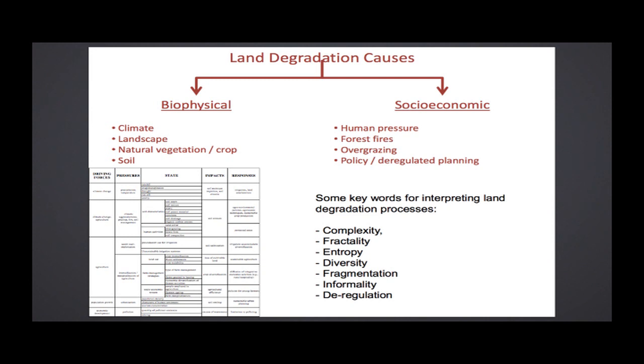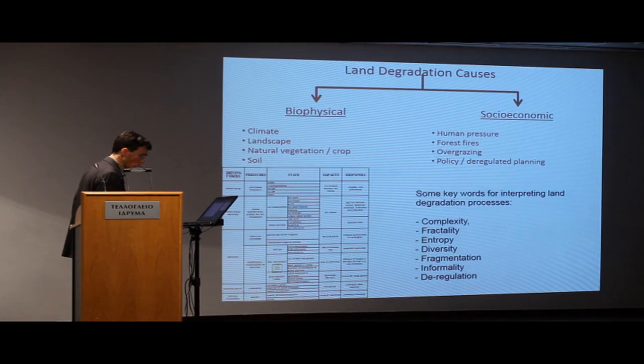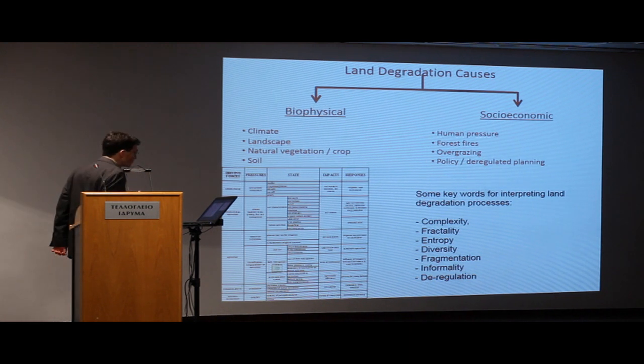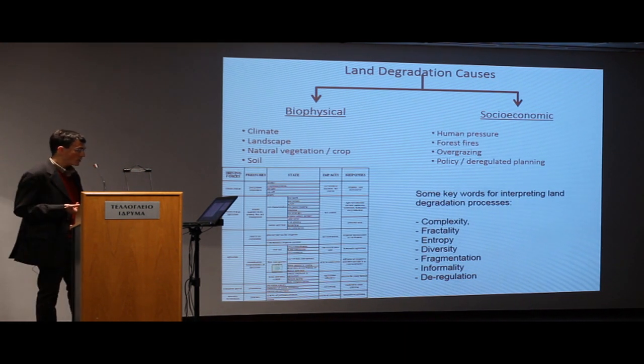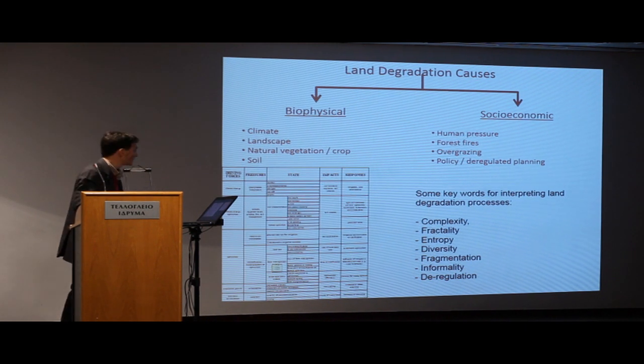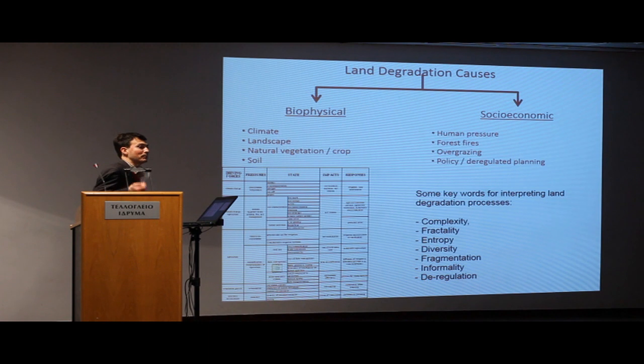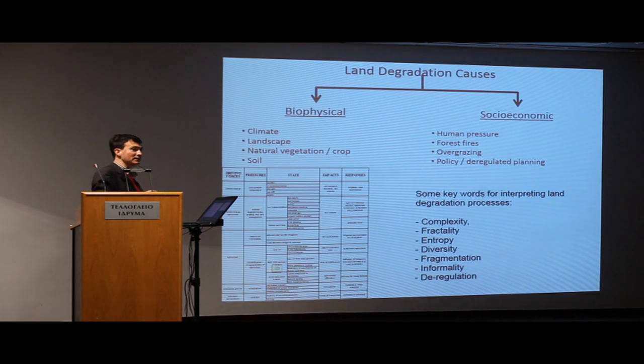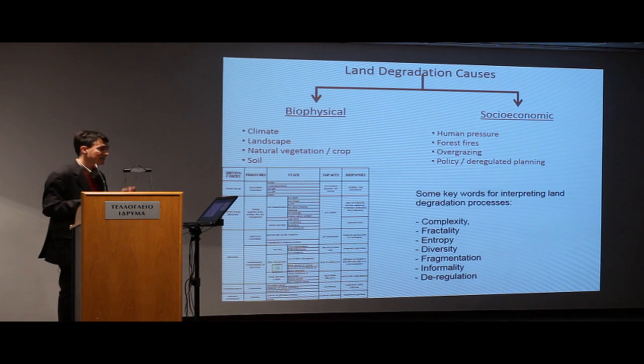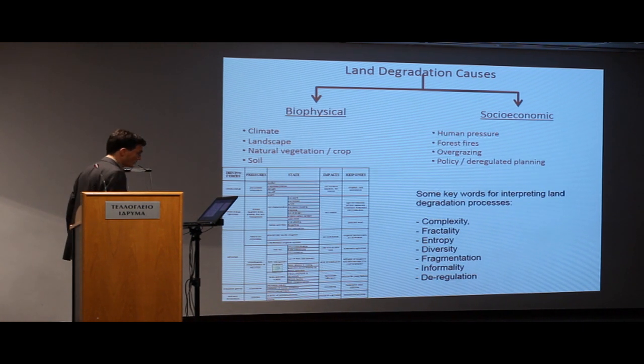I like to put attention on these different keywords and concepts: complex systems, fractal system, entropy, diversity, fragmentation, and of course, when you refer to the socioeconomic issues in the Mediterranean basin, you also have to address issues such as informality and deregulation. Let me give you just one example: deregulation in planning. How to build a residential settlement around a big city in the Mediterranean basin? Probably you have to address a problem of deregulation in planning, just to give you an example.